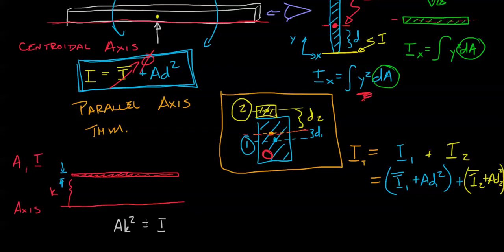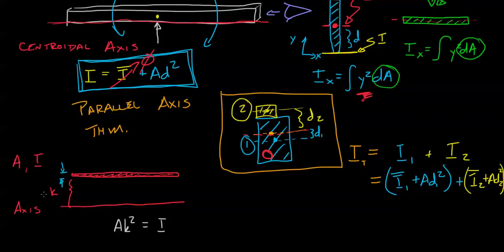So as a reminder, I'm finding some sort of shape with really, really small thickness. That means my moment of inertia around the centroidal axis goes to zero. And then I'm going to move it far enough away from my axis that I'm going to get the same moment of inertia. All right?